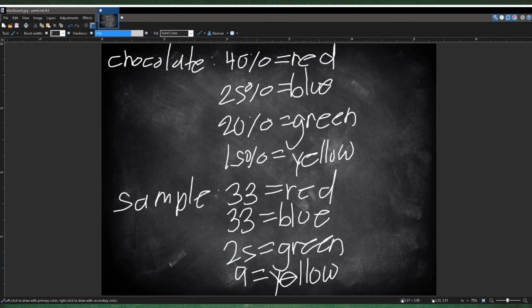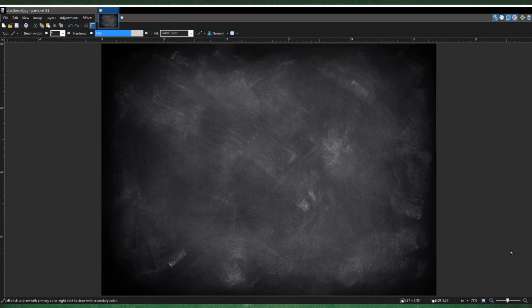So based on this amount, this is just 33 plus 33 plus 25 plus 9, which is 100. This is a sample size of 100. So based on this, I'll hide this for a second, and we'll actually do the conditions.